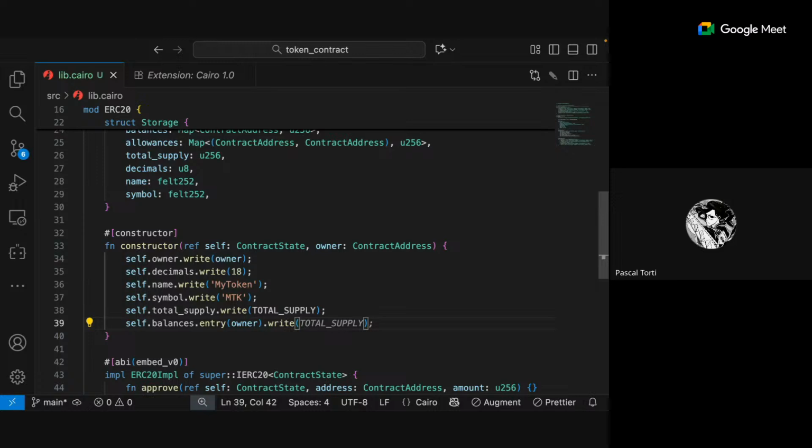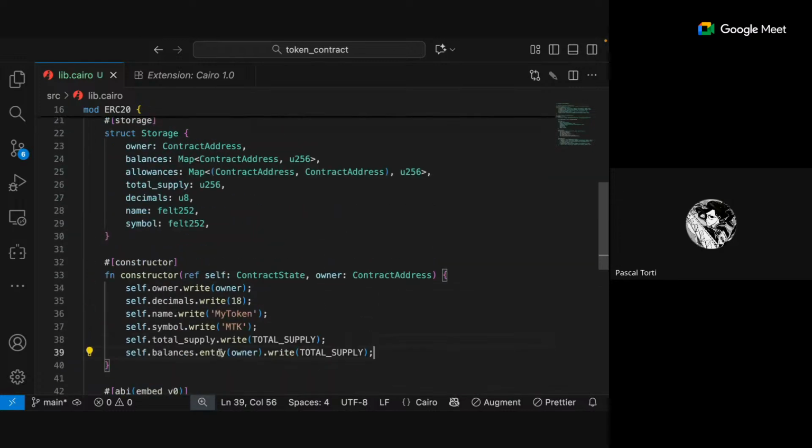Let's say total supply. Yes, we want to give the owner all the supply. Or let's call it initial supply.